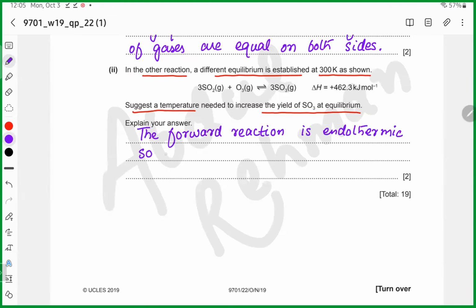And they ask you to suggest a temperature.